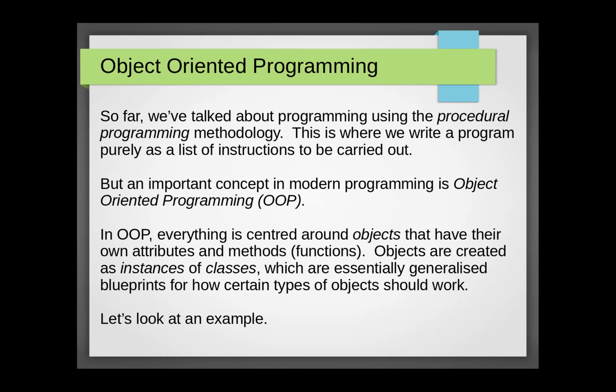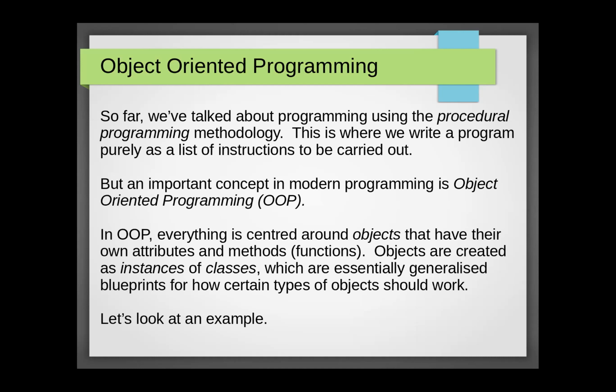But in modern programming, object-oriented programming is really, really important. So in object-oriented programming, basically everything is centered around the concept of objects. So everything becomes an object, and an object has its own attributes and methods. So attributes are basically variable values that are unique to that object, and it has its own methods, which are functions of that object.